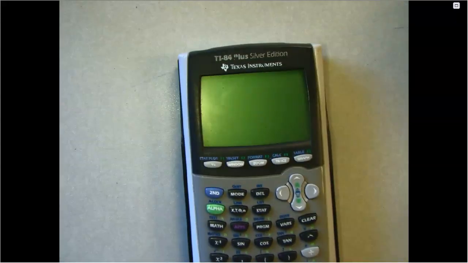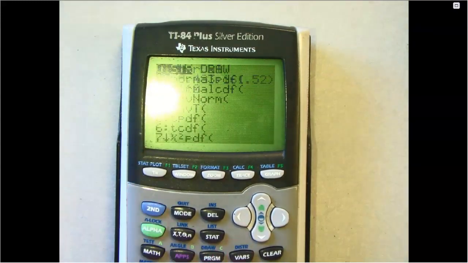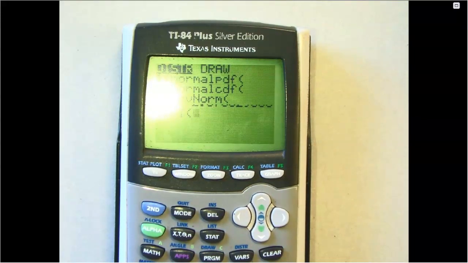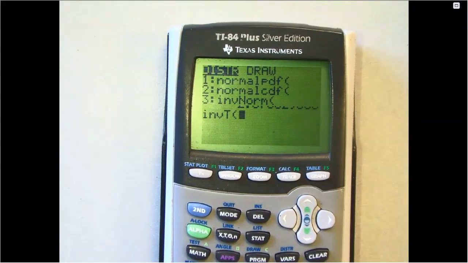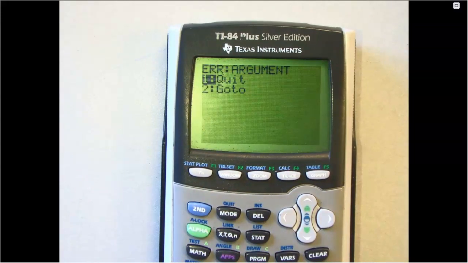But if you go to put that in your calculator, I'll show you where the inverse t button is. You go to your distributions. Inverse t is like the 4th one. So if I go to put 1.9 divided by 2 in closed parentheses, it's going to give me an error.